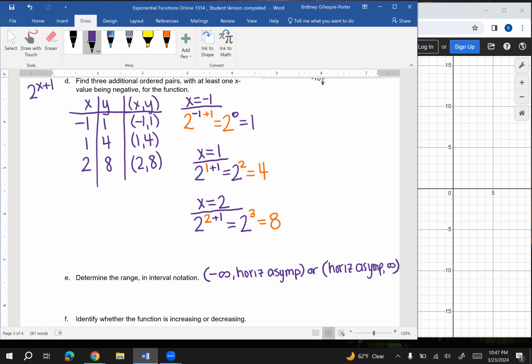Here, our horizontal asymptote was 0, and our numbers were going up when we plugged in the y values. We went 1, 4, 8. So we're getting higher and higher above the horizontal asymptote, which means our range is going to be 0 to infinity.